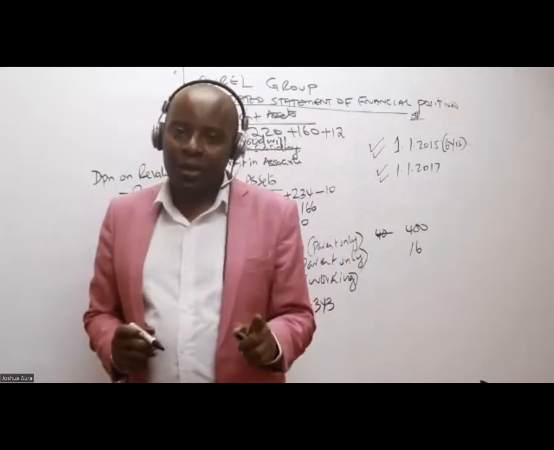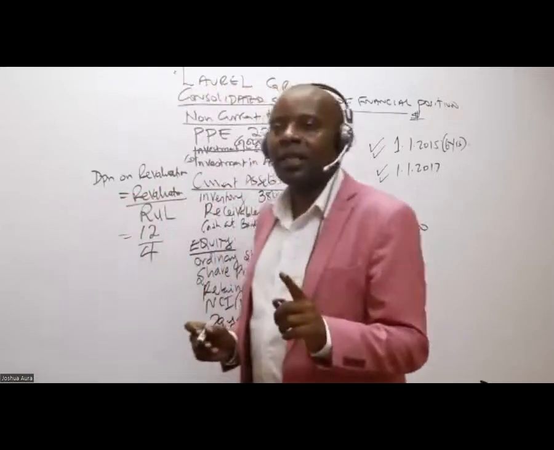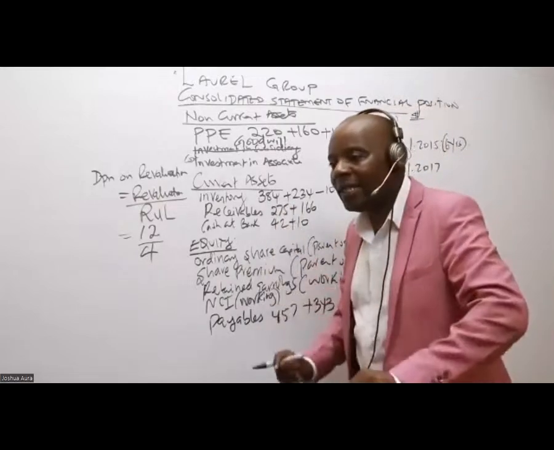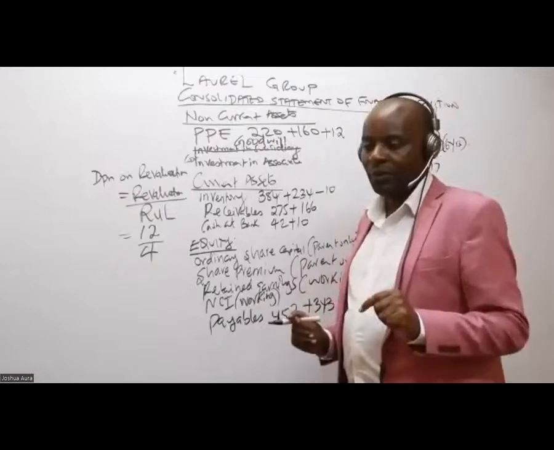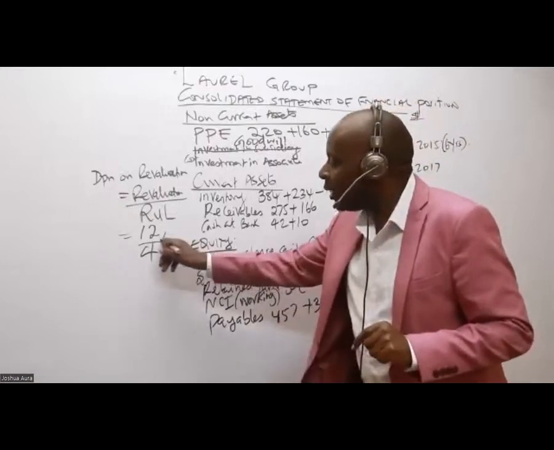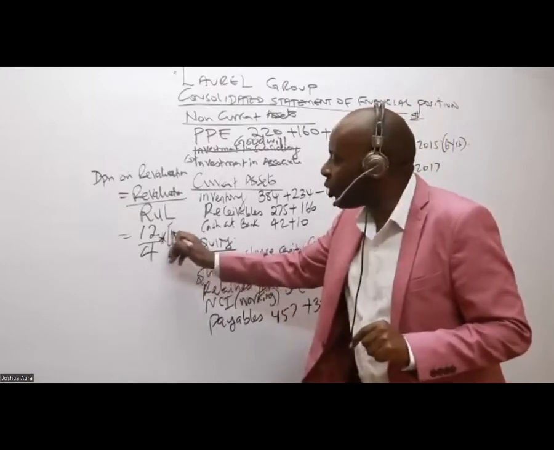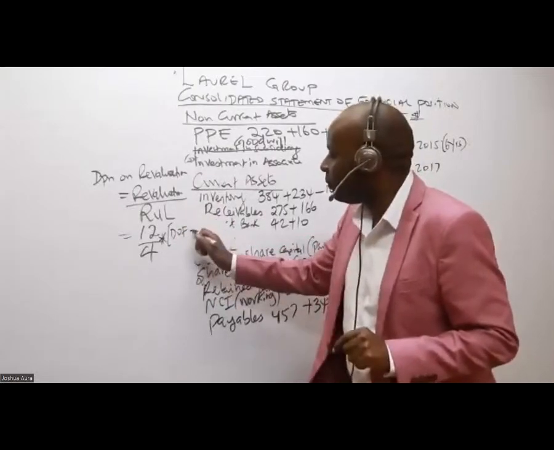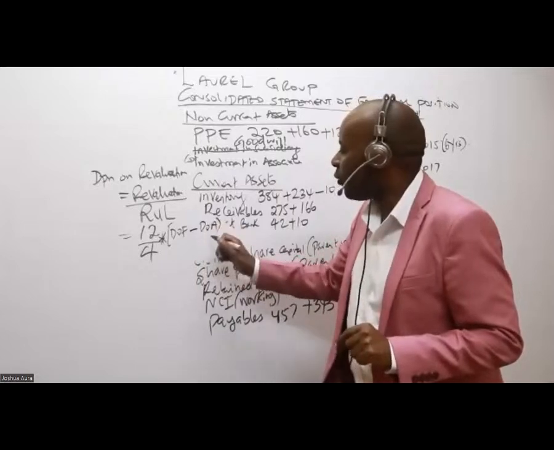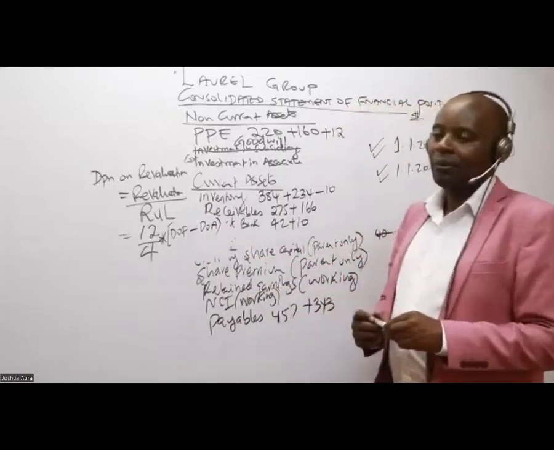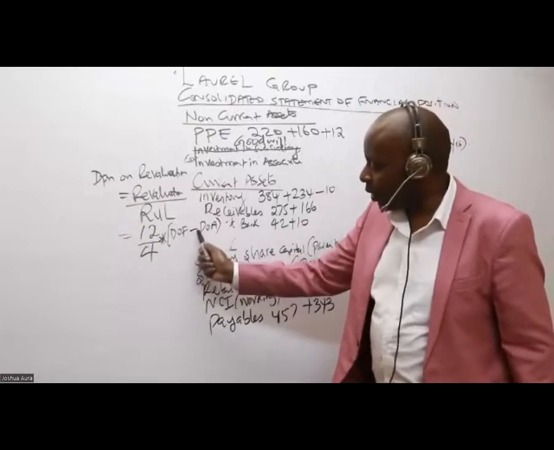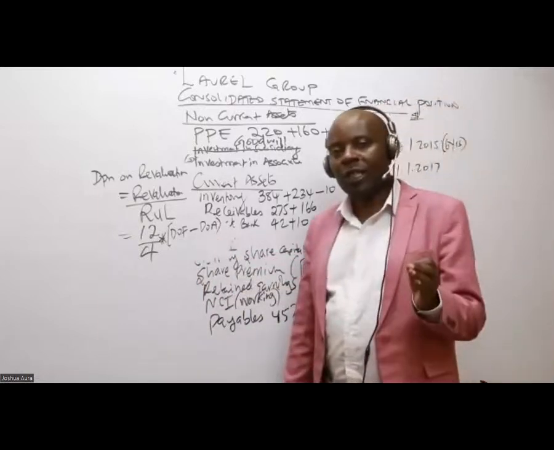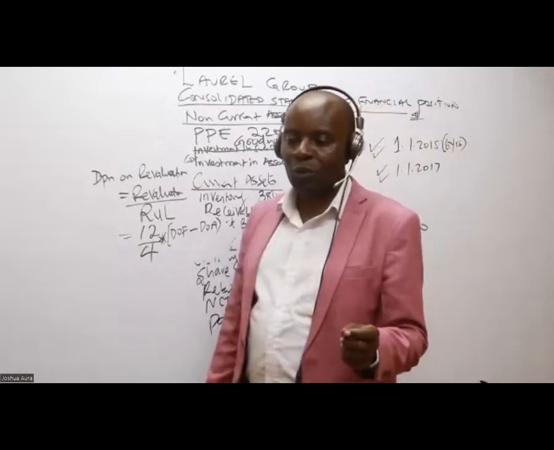And then, ladies and gentlemen, remember, after that, we want what we call cumulative depreciation. So we must multiply this by the DOF minus the DOA. We must get the time period here. DOF stands for the date of the financial statements.